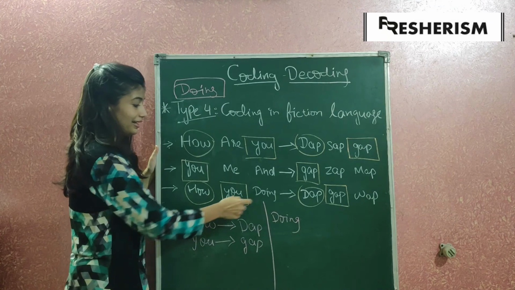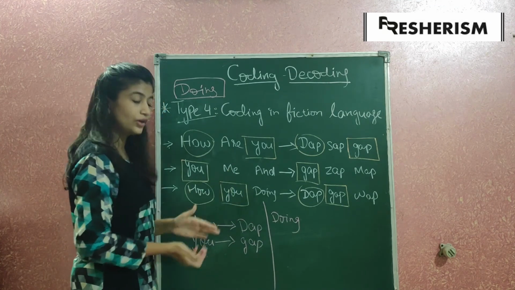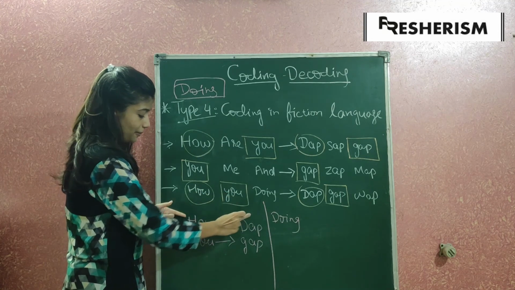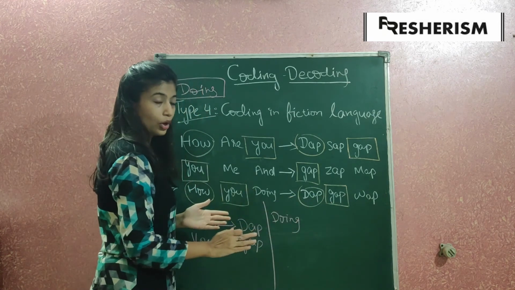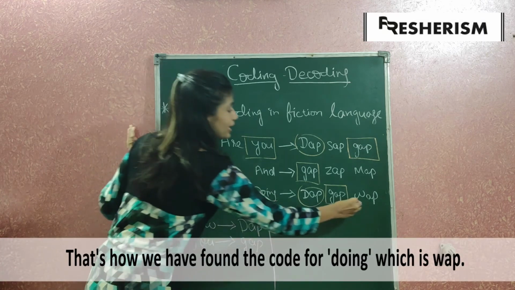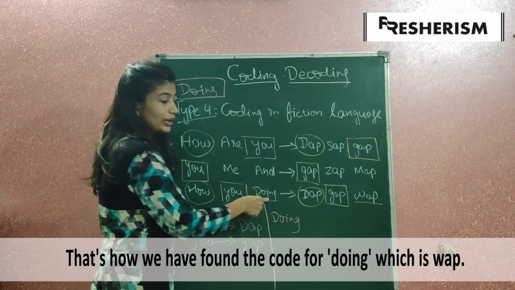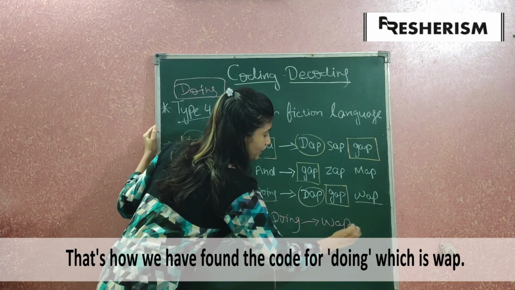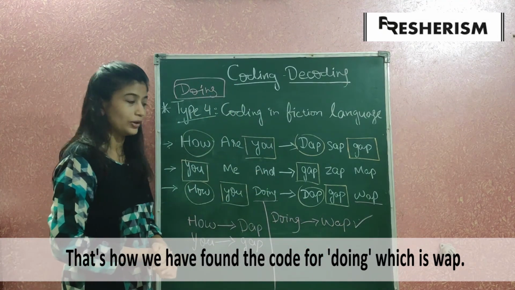Doing is mentioned in the third sentence, that is how you doing. We already know the code for how and you. How is DAP, you is GAP. That means DAP and GAP are gone. Only left word is doing and the only left code is WAP. That means the code for doing is WAP. So this is our answer. The code for doing is WAP.